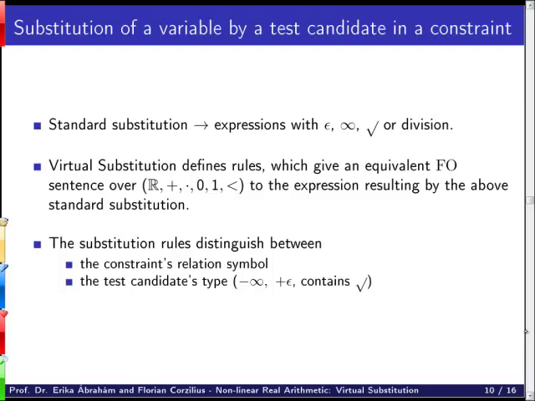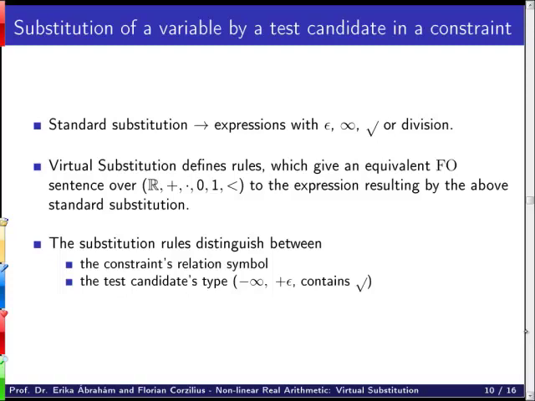So as I told you, if you substitute in the common way, and we have terms substituted such that these terms contain epsilon or infinity or square root, or there is a division inside, then it is giving us a constraint which is not in our logic because it contains new variables, or square root or division. And we know that the logic of real algebra just allows us plus or times.